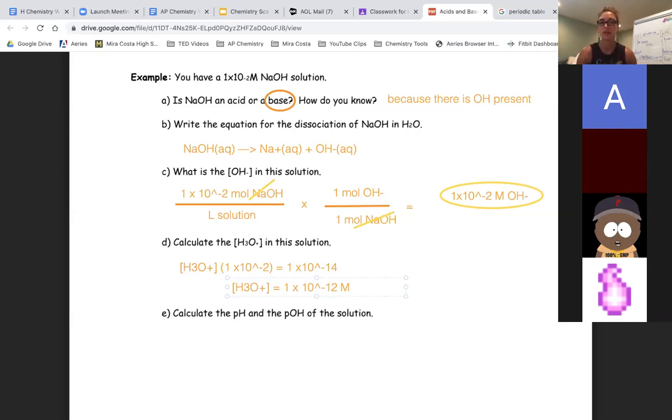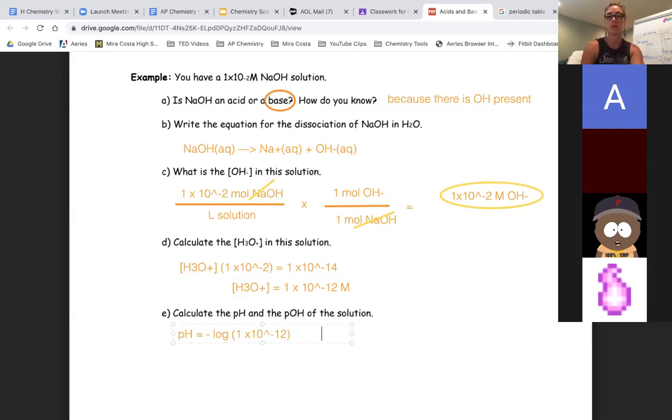And then it says calculate the pH and the pOH of the solution. Okay, well, the pH is simply going to be the negative log of the hydronium ion concentration, which is 1 times 10 to the negative 12th.